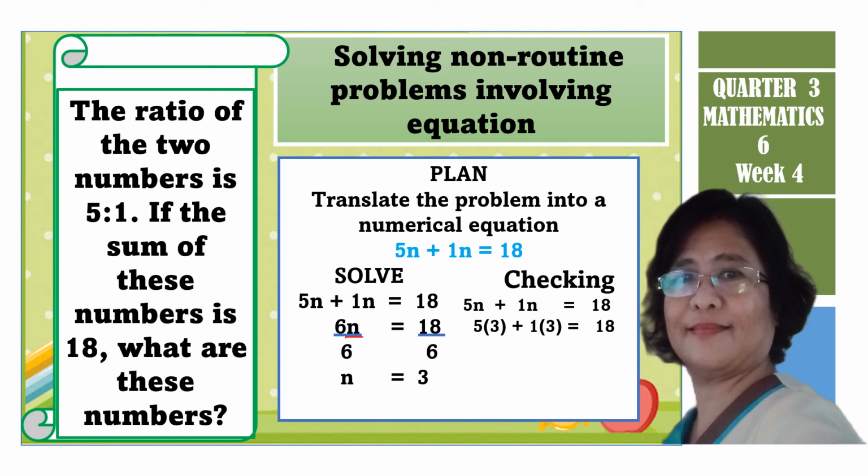So let us multiply. 5 times 3 is equal to 15, and 1 times 3 is equal to 3. 15 plus 3 is equal to 18. So the two numbers are 15 and 3. Our answer is correct because if we add 15 and 3, the sum is 18.